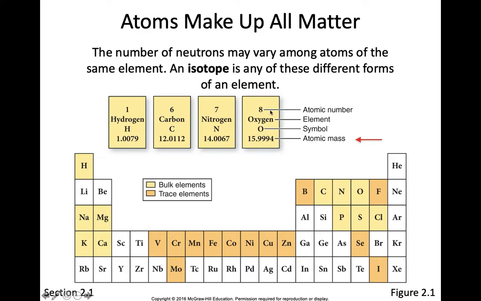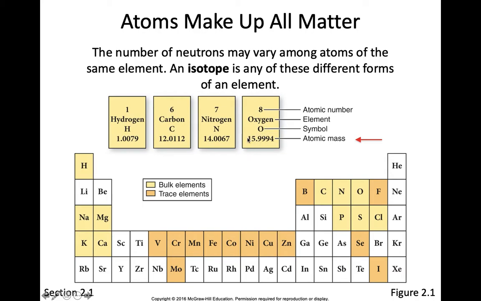Now, you can't have a different number of protons. If you have a different number of protons, you are a different element. The proton number cannot change. The number of electrons can change, and the number of neutrons can change. The number of protons cannot. Anyway, we have 15.9994 here. So the vast overwhelming majority of oxygen has 8 neutrons inside of it.